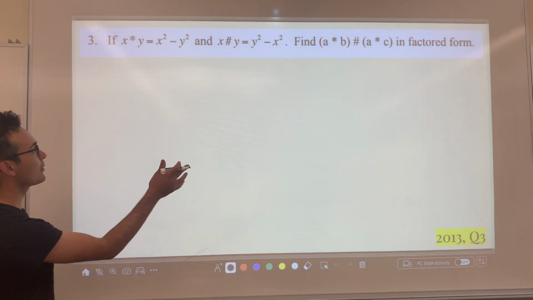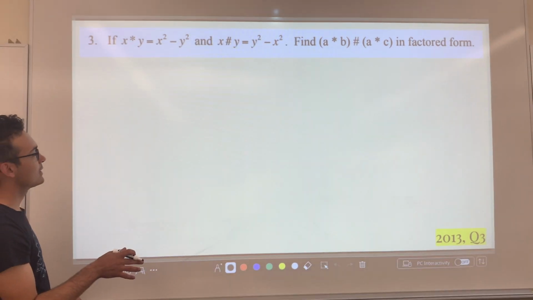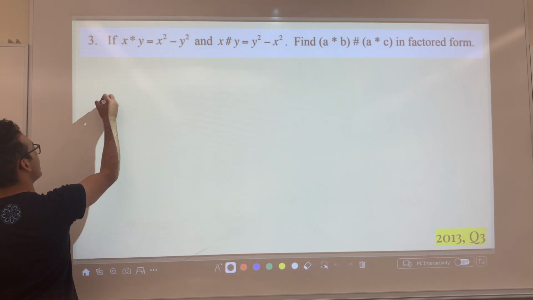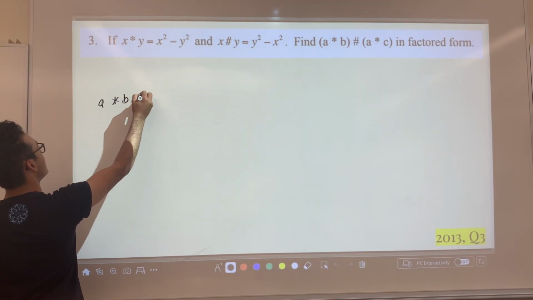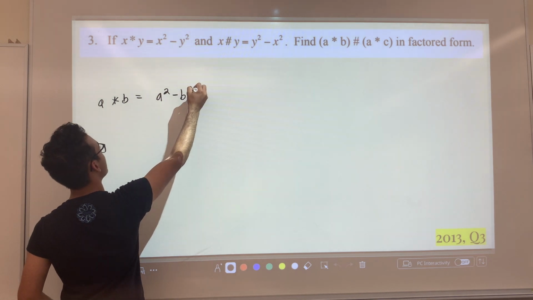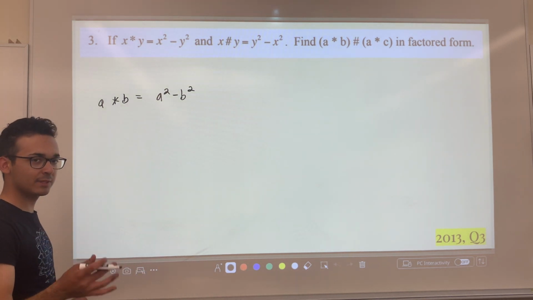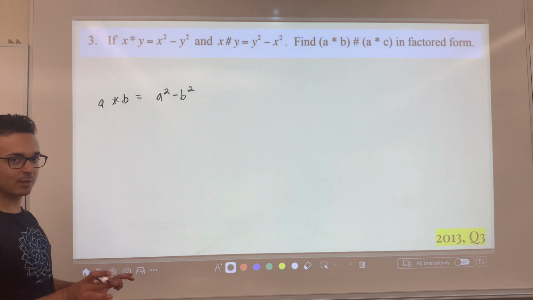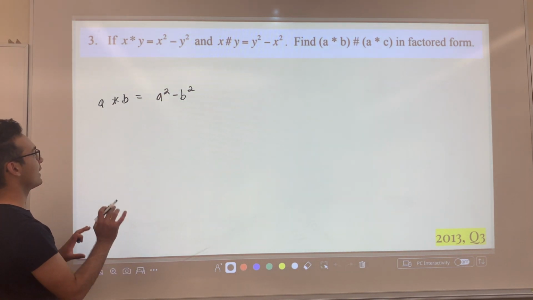So I do notice that both of these are the difference of two squares, so I'm going to keep that in mind. Let's do a star b first. A star b would be a squared minus b squared, or we could write it as a plus b times a minus b. I'm not going to do that yet, just because I don't know where this problem is leading, so I'll leave it there for now.